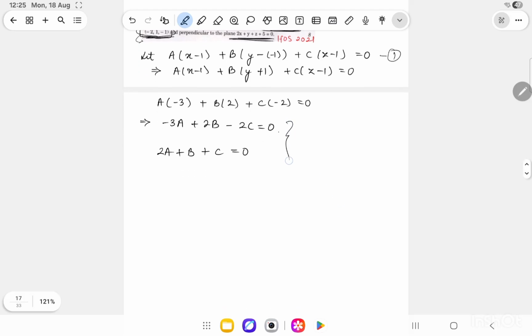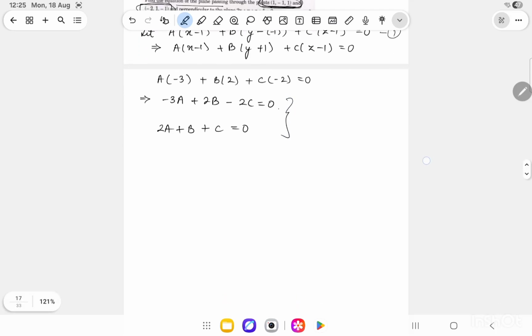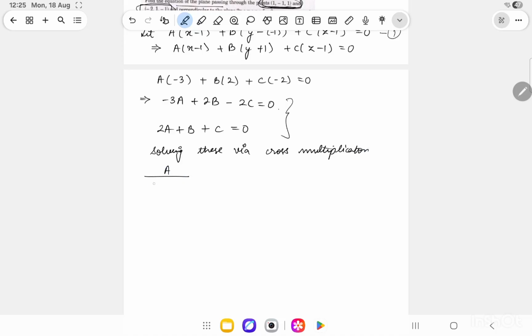I can solve these two equations for A, B and C using the cross multiplication method. So solving these via cross multiplication, we got A upon 2 minus 2 equals to minus B upon minus 3 plus 4 equals to C upon minus 3 minus 4.